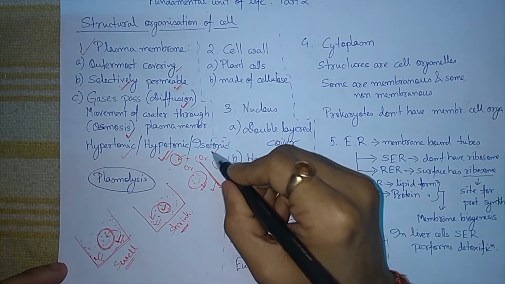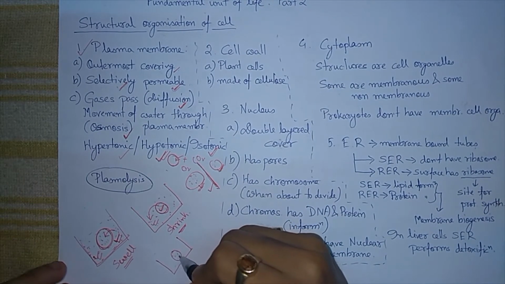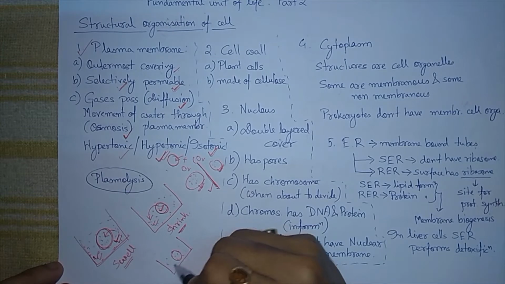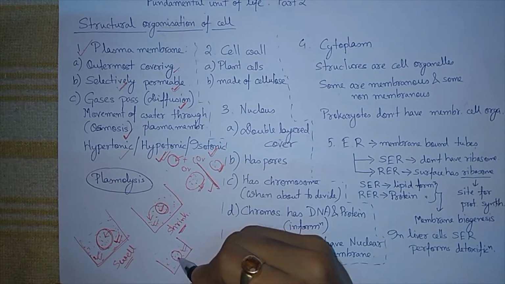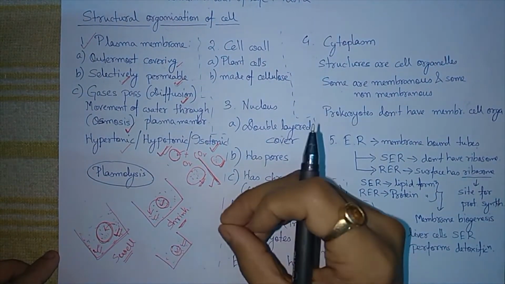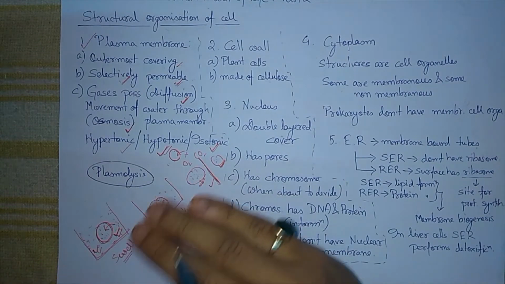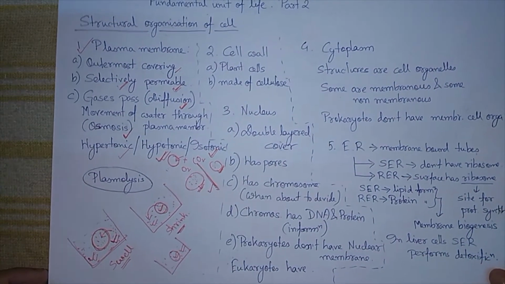But in case of isotonic solution, the concentration of water inside the cell and outside the cell is the same. In that case, there will be no movement of water because the concentration difference is not there. I think this is clear.